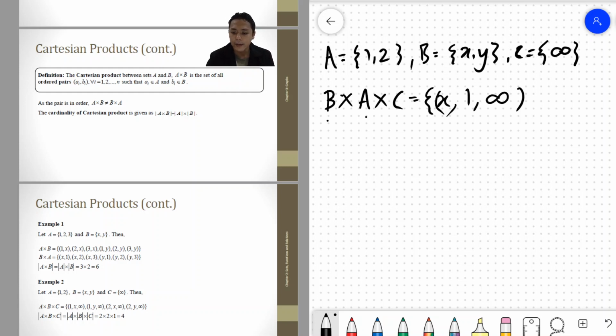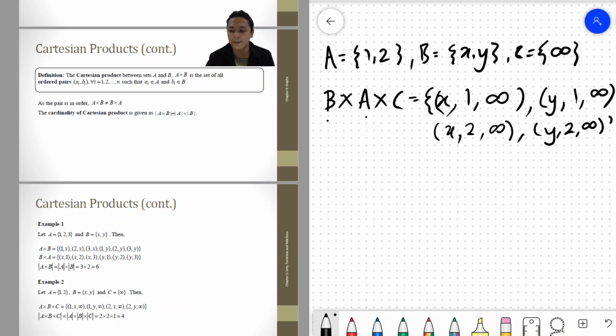We proceed with the next one, (y, 1, infinity). I take x to infinity and y to infinity.